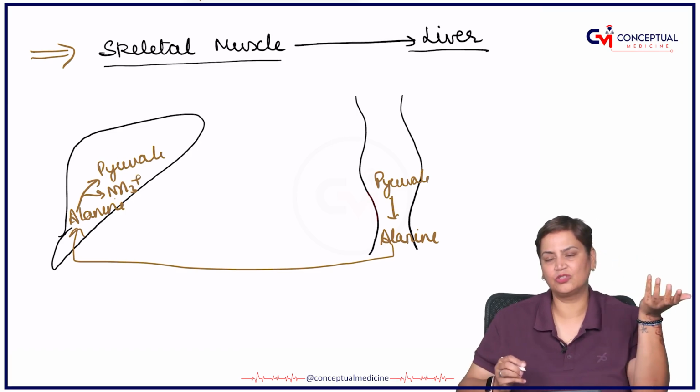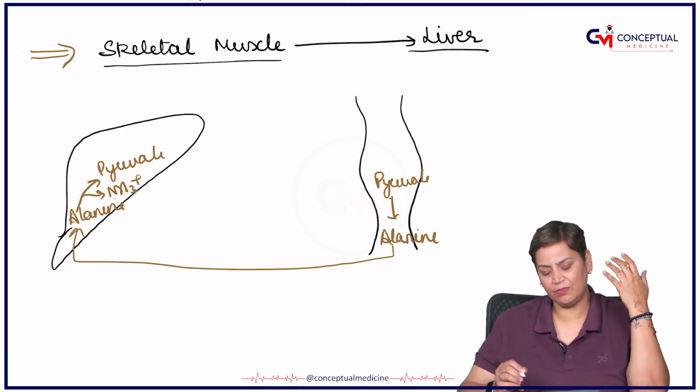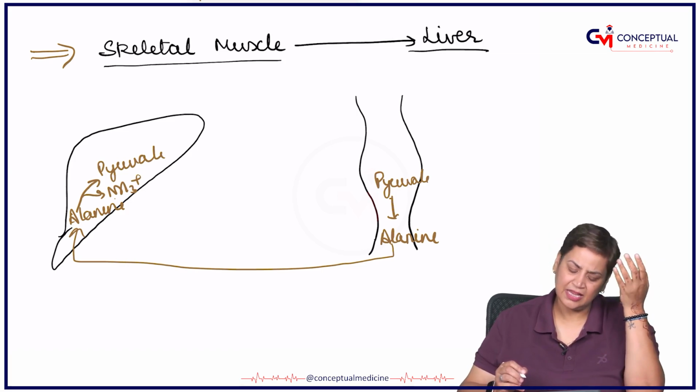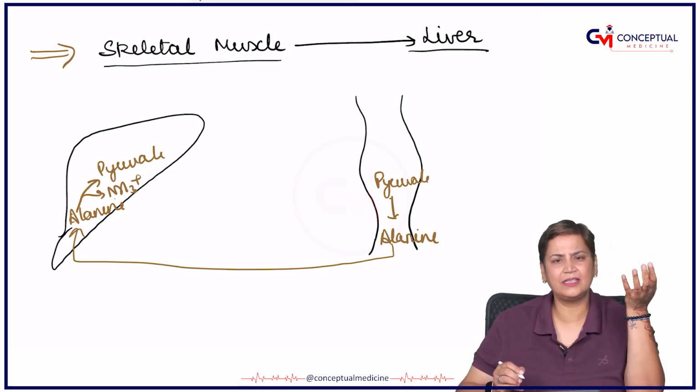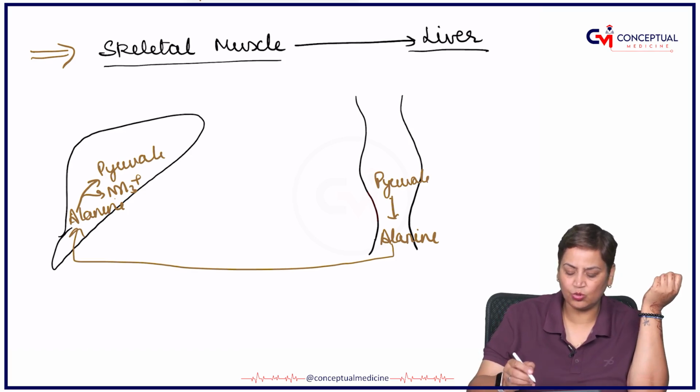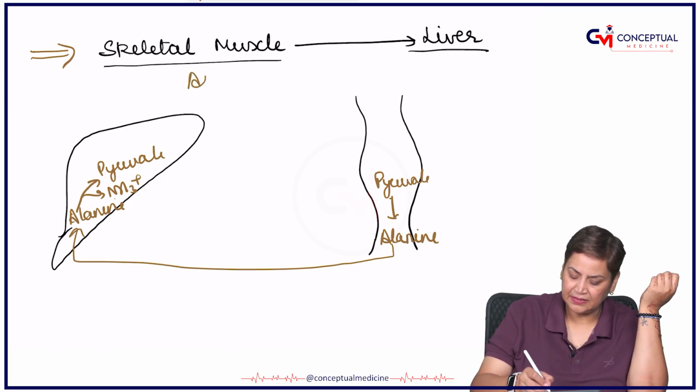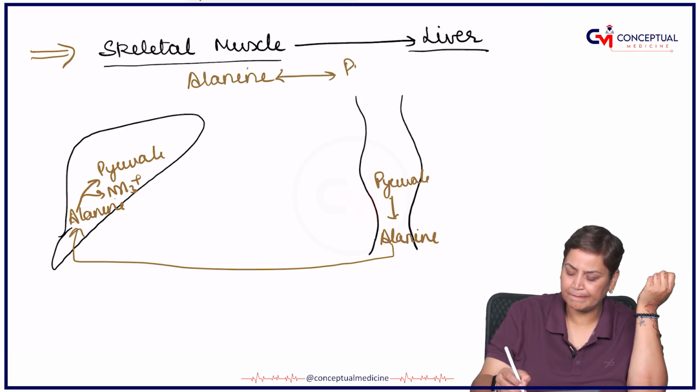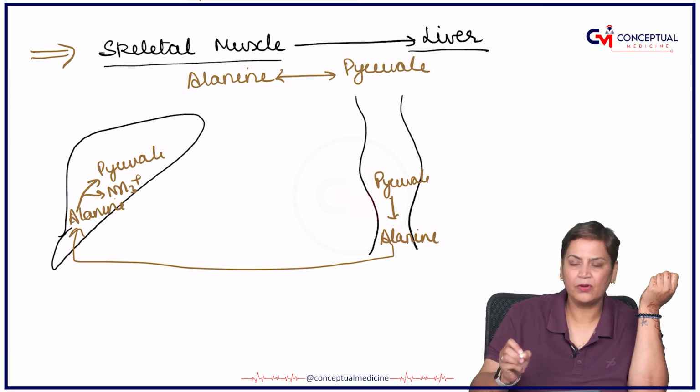And pyruvate has so many different uses. It can be used for glucose synthesis, it can be used for oxaloacetic acid synthesis, and so many more. So from the skeletal muscle to the liver, alanine to pyruvate is there. Right?